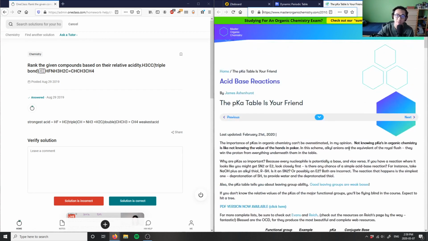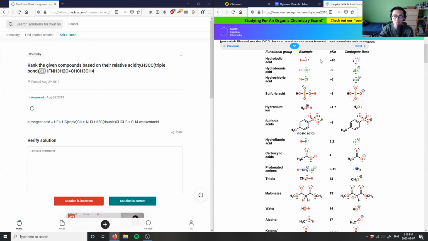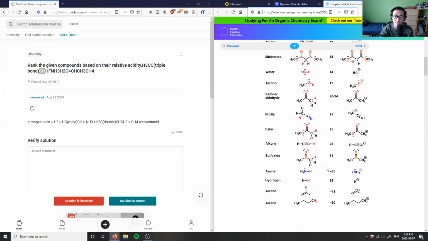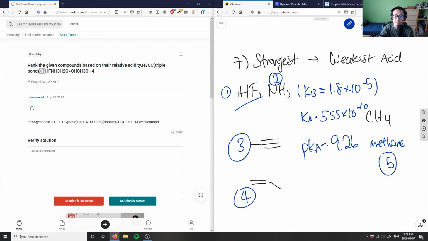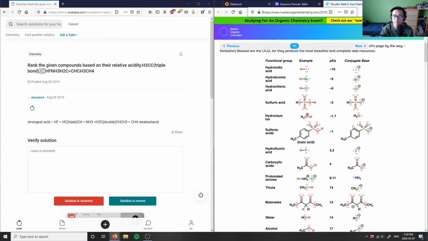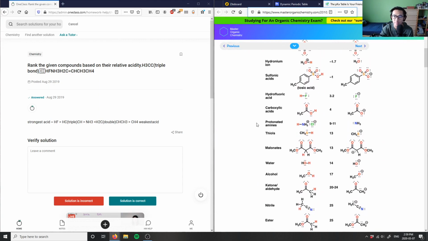So again, if you look at this chart here, the most acidic here, obviously, is hydroiodic acid, hydrobromic acid, hydrochloric acid here. And as we go down the pKa, as we increase our pKa's, it's going to be least acidic, right? So as you can see, HF is obviously number 1. Number 2 would be ammonia, which would be the protonated amines here.